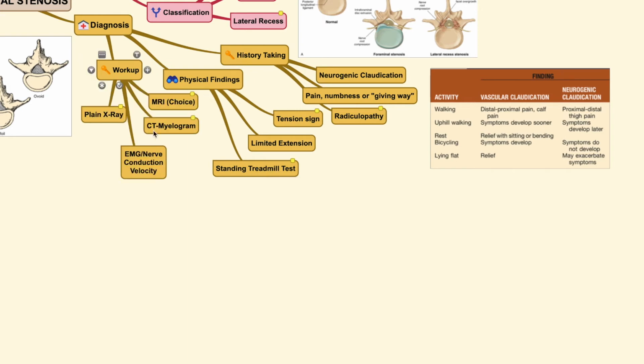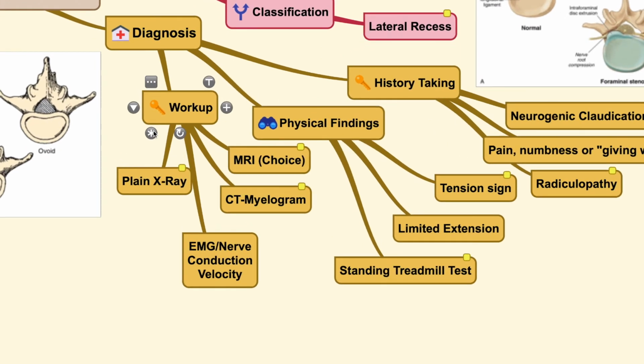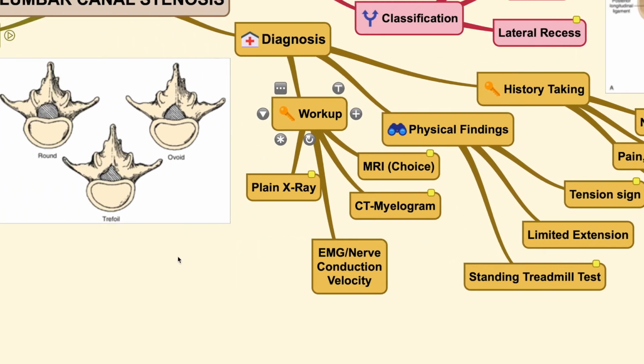Now, the workup for this type of condition includes the basic things such as plain X-ray, which will reveal any evidence of degeneration, along with loss of the lordotic curve or any degeneration of the facet joint. Other things that you could do include CT myelogram, and this will reveal any osteophyte formation along with the study of the canal morphology itself, which is this one.